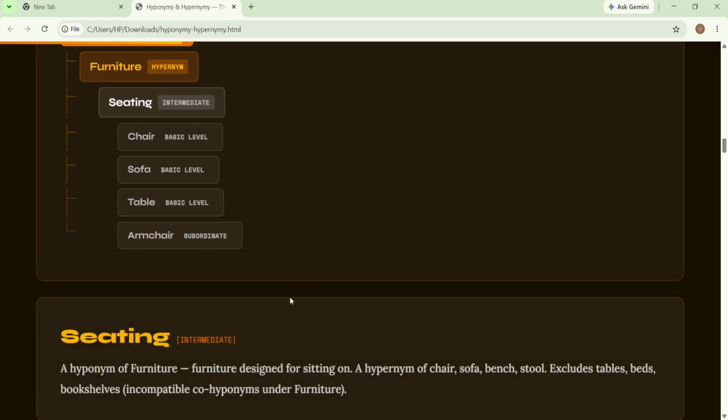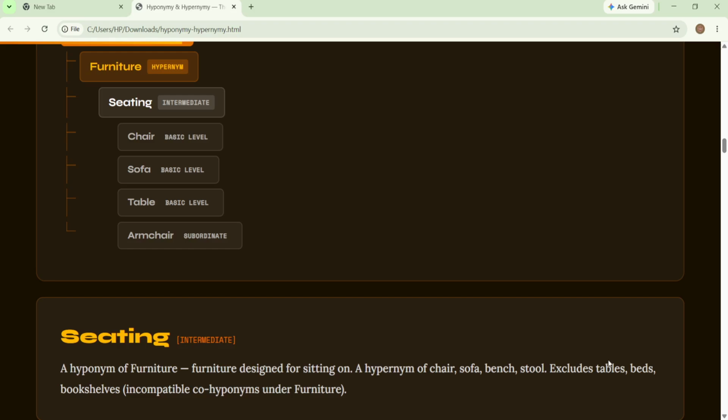Then we're coming to sitting. A hyponym of furniture designed for sitting: chair, sofa, bench, stool. This excludes tables, as sitting is to sit on. In semantic meaning, you do not sit on tables.